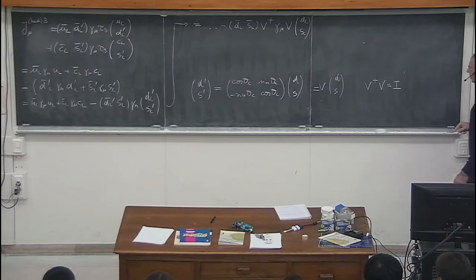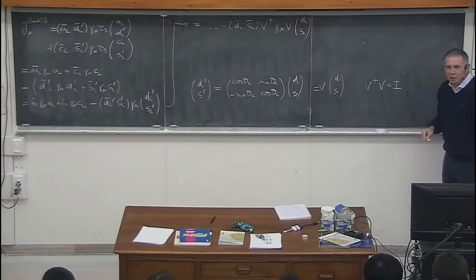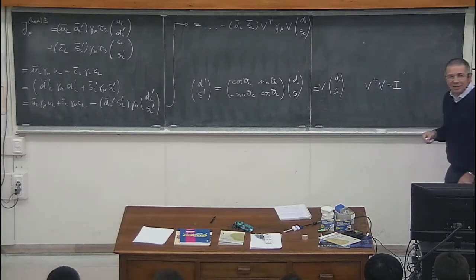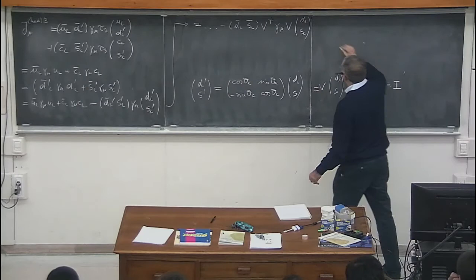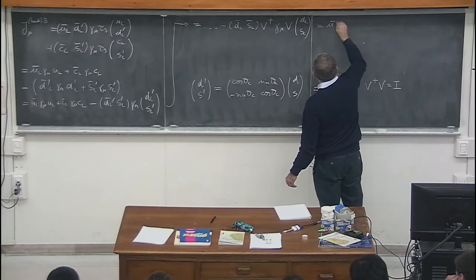But I choose, actually Luciano Maiani chose for me V to be an orthogonal matrix, a unitary matrix, so V dagger V is equal to 1. So this is u bar left.